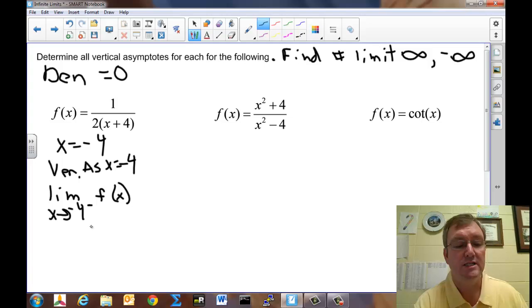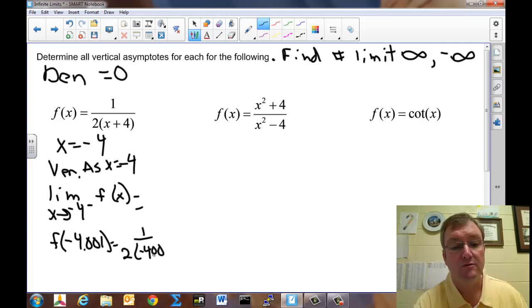Well, what does that mean? We're talking about numbers to the left of negative 4, smaller than negative 4. So let's take an example, maybe negative 4.001. What is the function value at negative 4.001? If we plug that into our function here, we get something that looks like this, negative 4.001 plus 4.